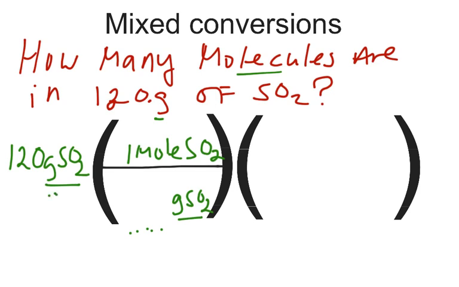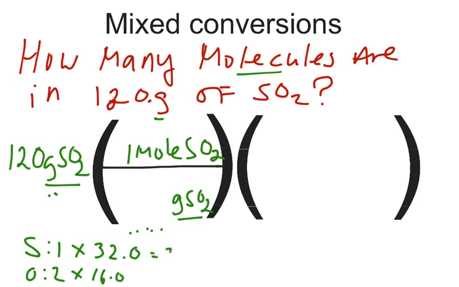We need the GFM of SO2, so we can calculate that right here. We have S, one of them, and the mass of S is 32. We have oxygen, 2 of them, and the mass of each is 16.0.